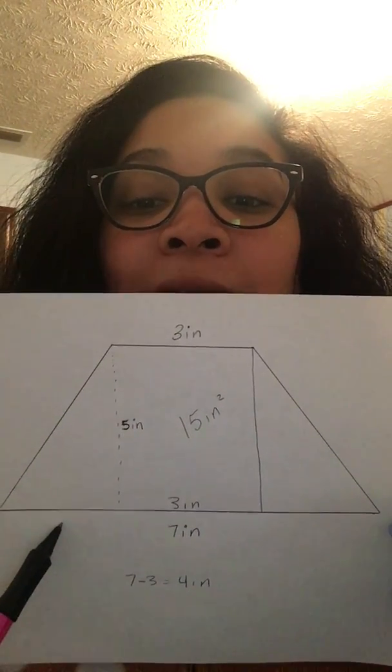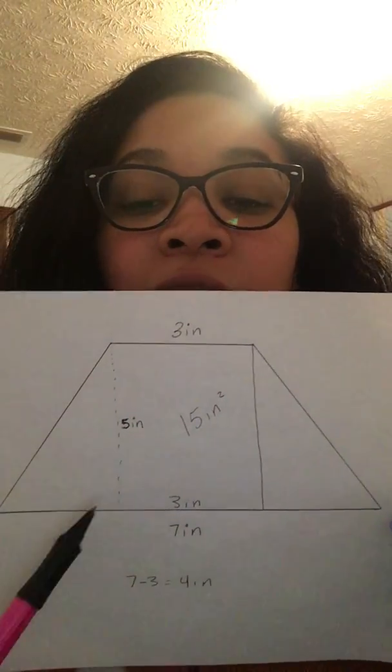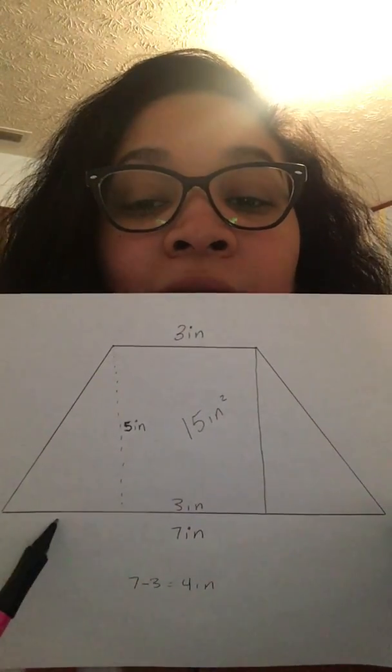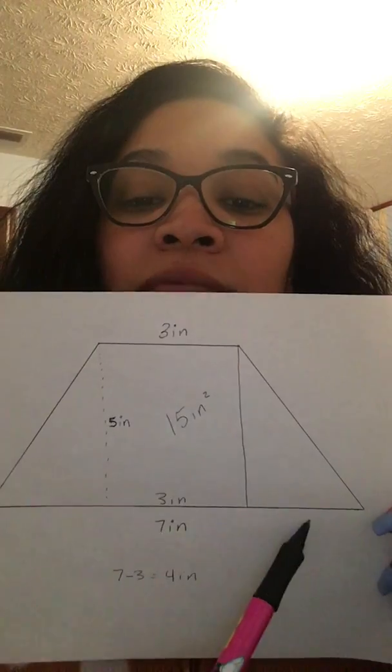So that means that if this is 3 inches, the base of this triangle is going to be 2 inches, and the base of this triangle is going to be 2 inches. So I'll do 2 inches here and 2 inches here.